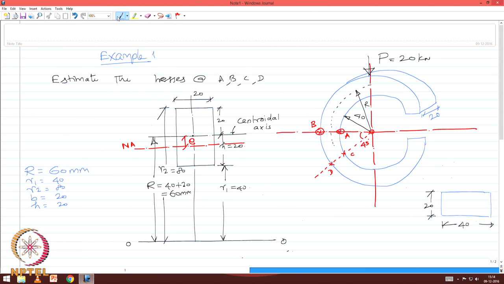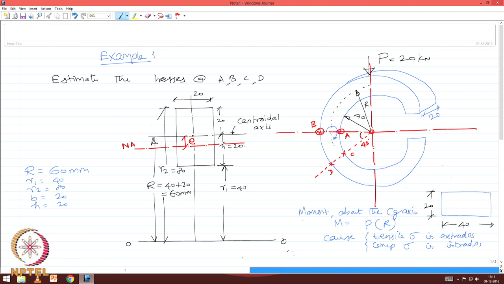It is very interesting that moment about the centroidal axis will be actually equal to P into R, which will create a moment which is going to cause tensile stresses in the extrados and compressive stresses in the intrados.